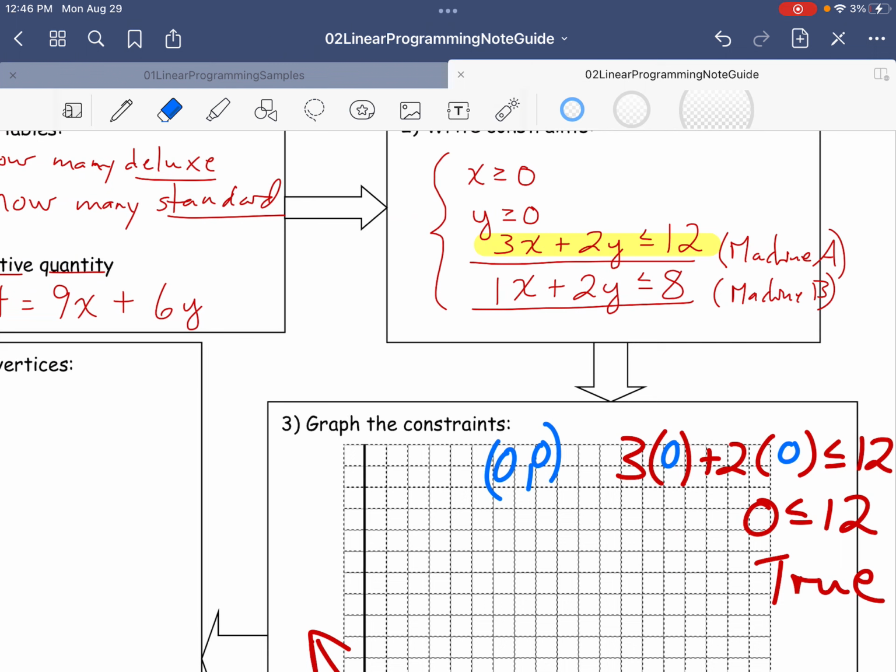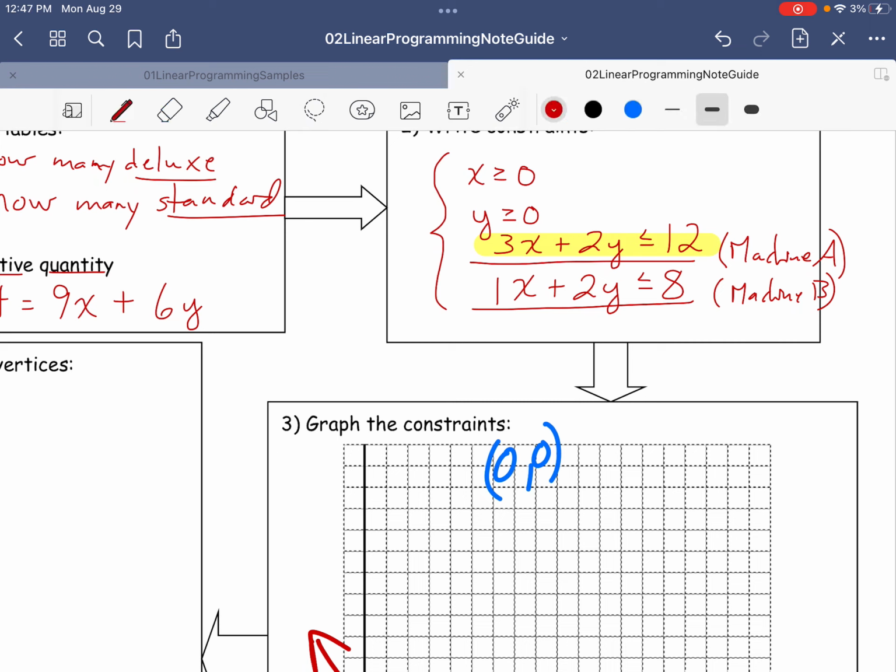Now I want to use a test point. I can plug in 0, 0 again. It's a good test point. I'm going to be plugging that in for x right there and for y right there. And we're trying to see if that's less than 8.